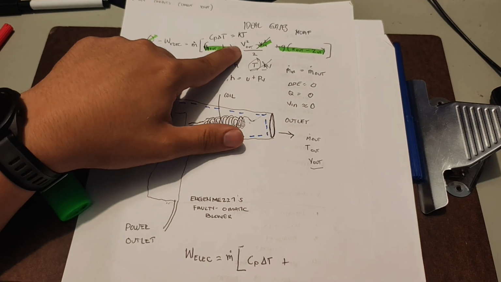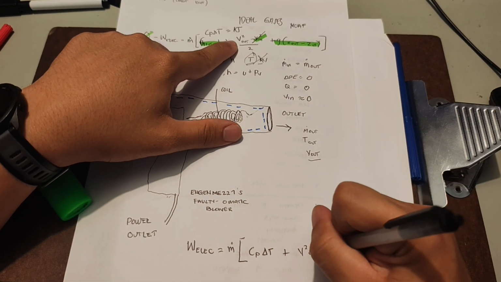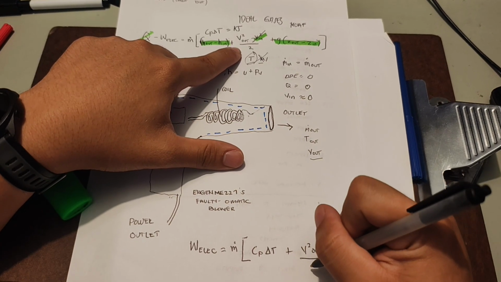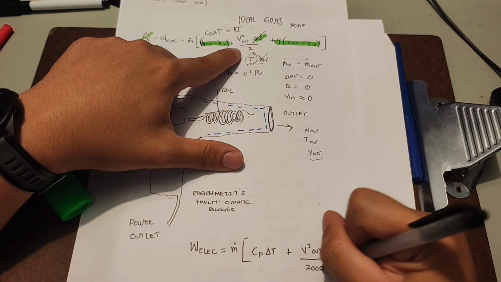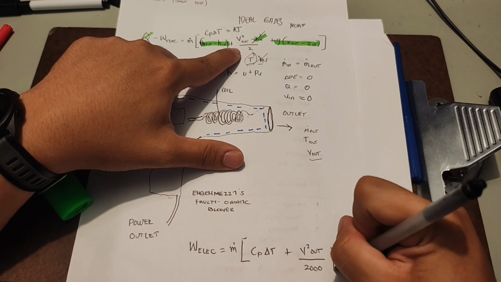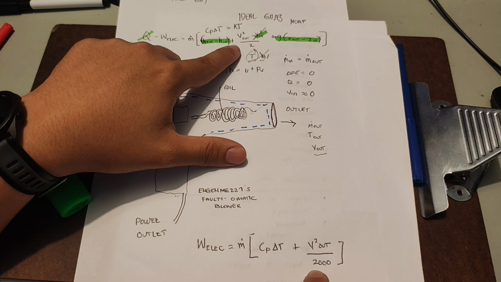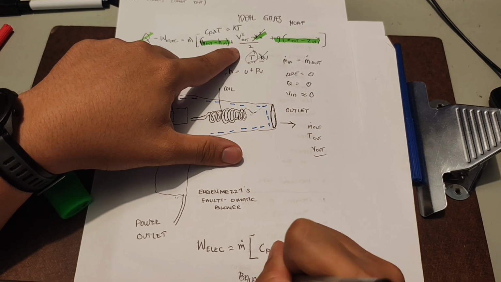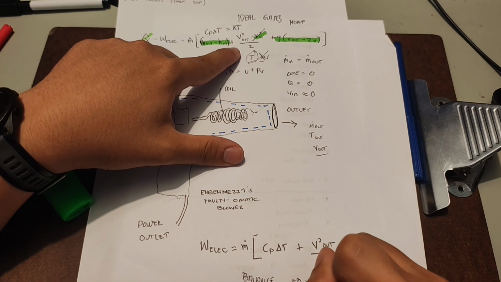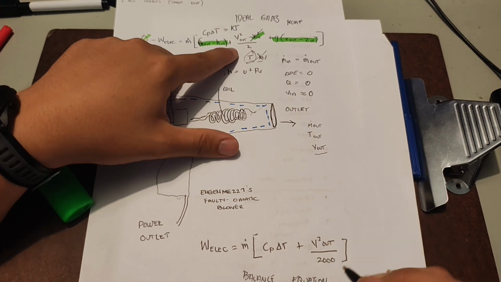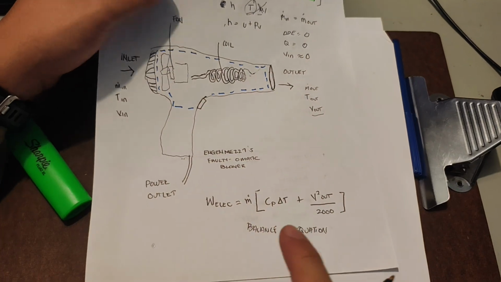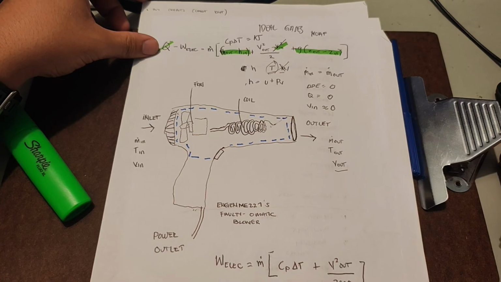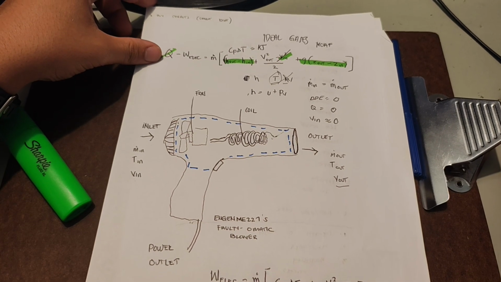So we only have V out, V squared out over, instead of 2, we're going to be writing 2000 with the reason that I said earlier. Okay, so now this is our final balance equation. So your balance equation should be similar to this, or if you have a different way of solving this, then it's fine.